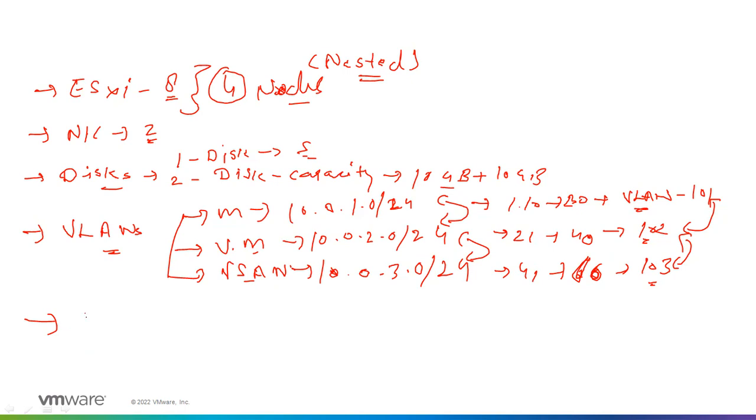Make one DC and DNS server, which will be required in many places for authentication, and put one vCenter server. You don't need to put all these directly inside this; you can put them outside, meaning on the underlying host itself.